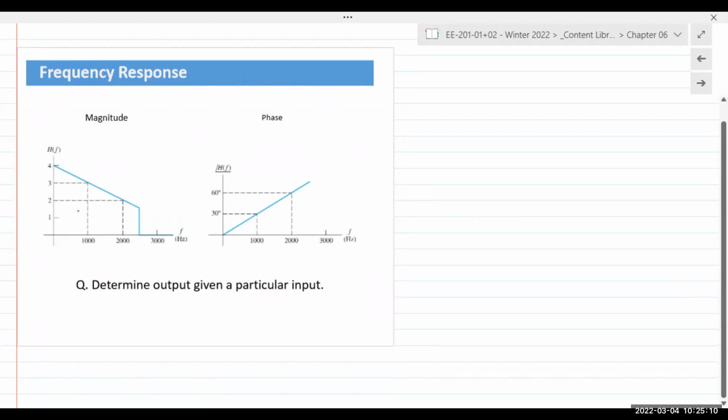Now, we are simply asked to find the output given any particular input. We don't care what the circuit is. We don't care what it does. So let's take a look, and I'll go into this example right away.